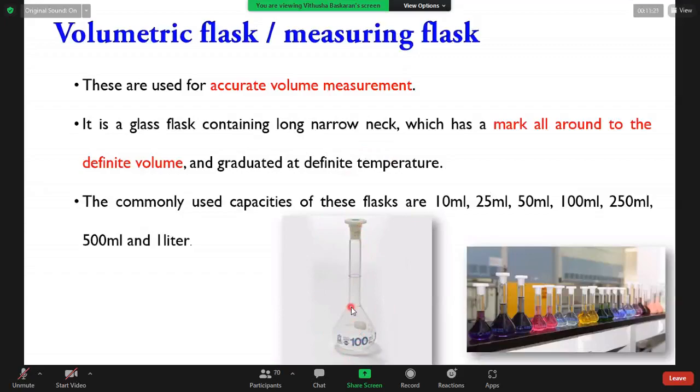Like this, there are several capacities of this flask like 10 milliliter, 20, 50, 100, 250, 500 and up to 1 liter. You can have several capacities of this volumetric flask. So using this volumetric flask, you can measure the accurate volume. Okay.